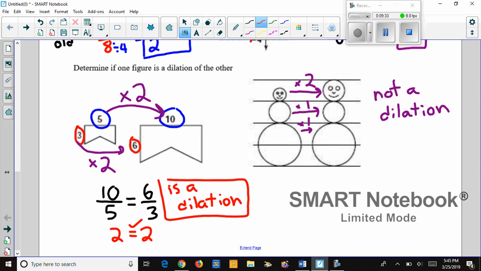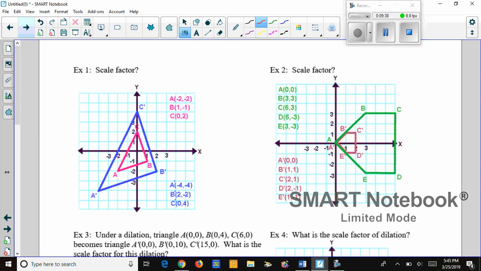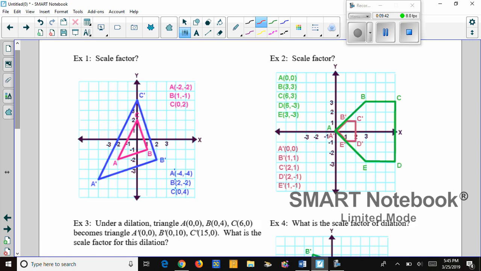Now, let's take a look at what this looks like on a graph. So here we go. If I have this graph, I want to see if I could figure out what is the scale factor from the pink shape to the blue shape.